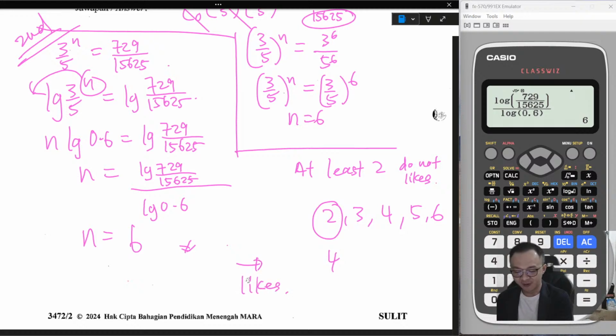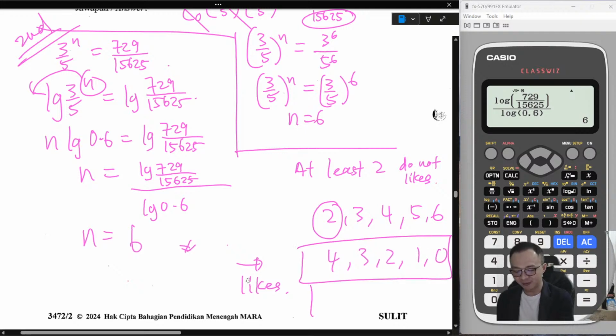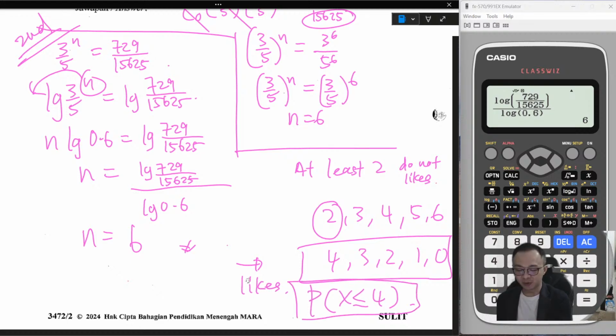So we have 4, then 3, 2, 1, 0. So this is X less than or equal to 4. This is method number 1, so you don't need to change the p. But then you need to use less than or equal to 4 to get students who like to play football.